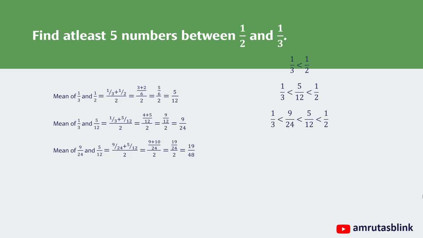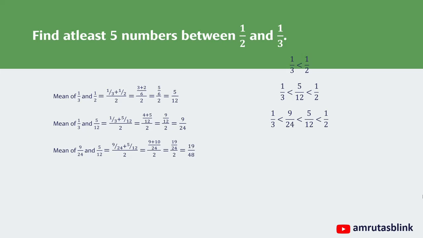Now let's find out the mean of 9 by 24 and 5 by 12. So mean of 9 by 24 and 5 by 12 is equal to 9 by 24 plus 5 by 12 upon 2. Now LCM of 24 and 12 is equal to 24. 9 as it is, 12 2s are 24, hence 5 2s are 10.